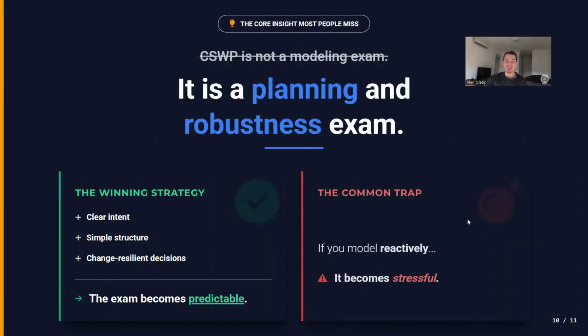Because here's the truth, CSWP is not a modeling exam. It's a planning and robustness exam. That's why the winning strategy is clear intent, simple structure, and change-resilient decisions. And this way, your exam becomes predictable. If you model reactively, then it becomes stressful.